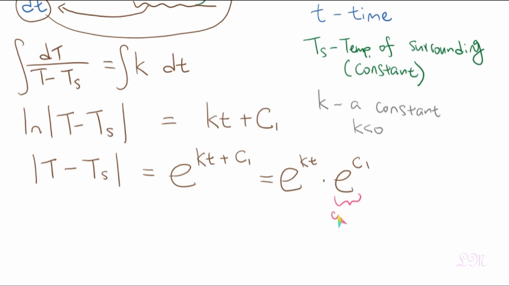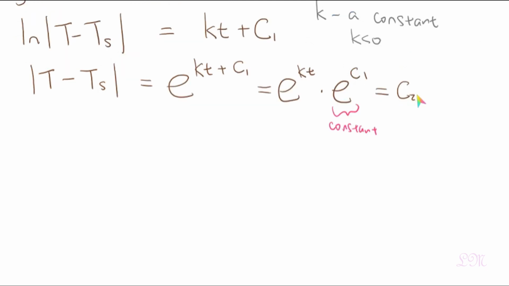Notice that e is a constant, c sub 1 is a constant, so e to the c sub 1 is also a constant. So to keep everything simple, you can just rename e to the c sub 1 as a constant. Why don't we just call this constant c sub 2? So c sub 2 times e to the kt.